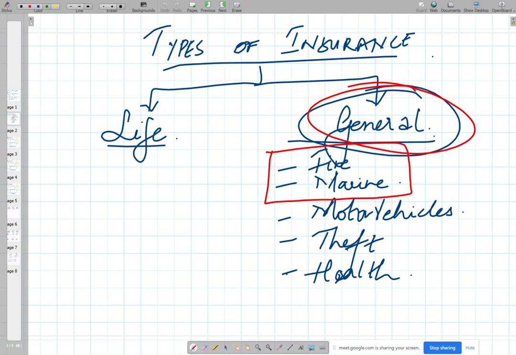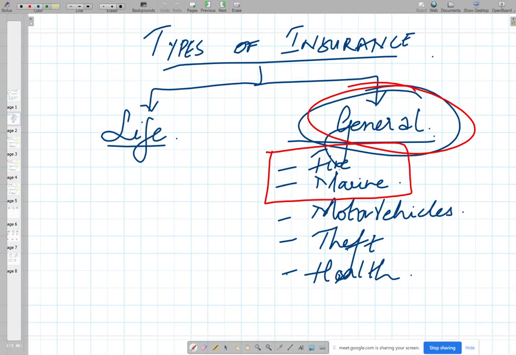Each of these becomes like a separate department, and also a separate profit center, meaning they have their own expenses, their own incomes, their own claims and premiums which cannot be mixed with the other businesses. Like the premiums which you receive from the fire insurance business, you have to show separately. You have to show that this much income came from the fire insurance business and the marine insurance business has made this much income.